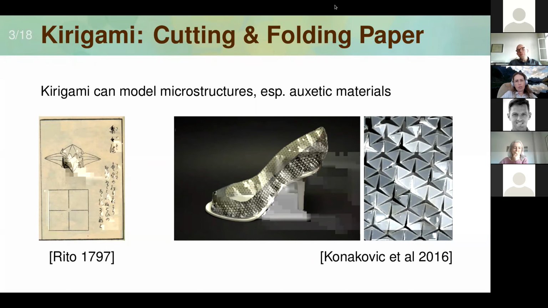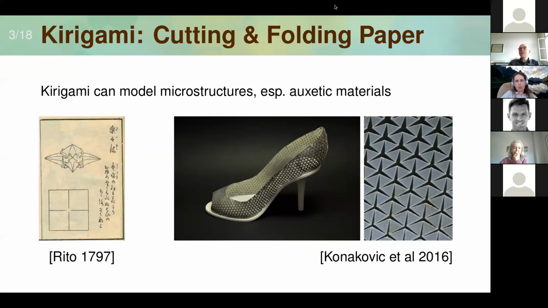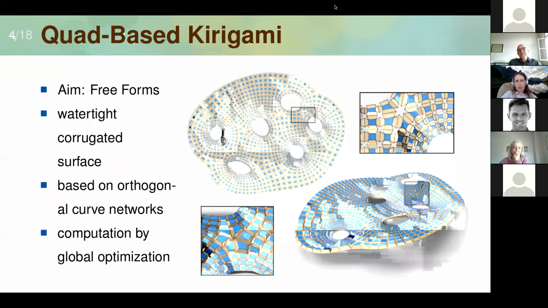And what we have been doing in our paper is again Kirigami, and again a mechanical metamaterial, but it is a bit different from the one that Mina Konakovic and co-authors considered. It is not triangle based, it is based on quads, and I'm now going to show what we have been doing.